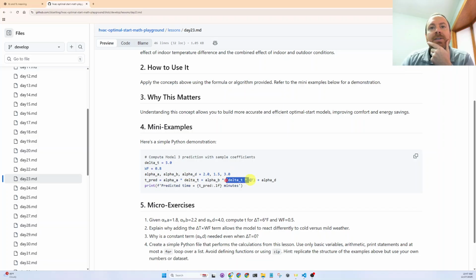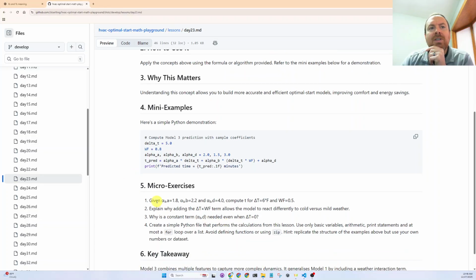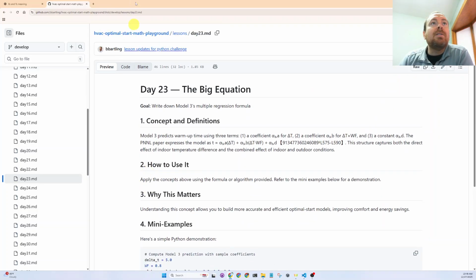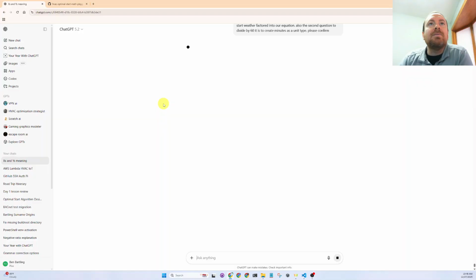Ooh, and it looks like our same other delta and weather factors, so we get into fancier math to predict minutes. Which looks kind of cool. I think like the model 1, we'll get into actually calculating these, which is really interesting to me to try and do that. But that's day 23.